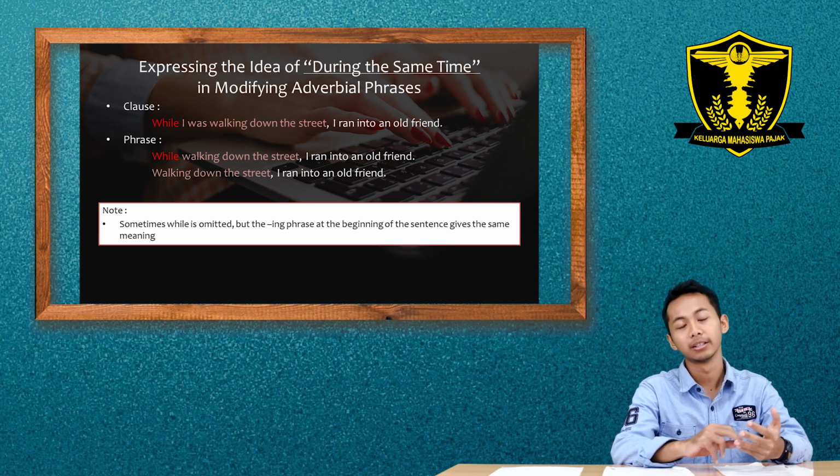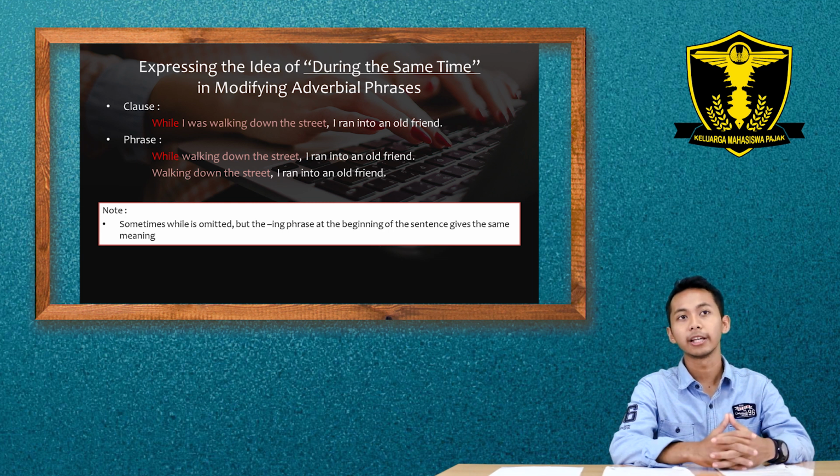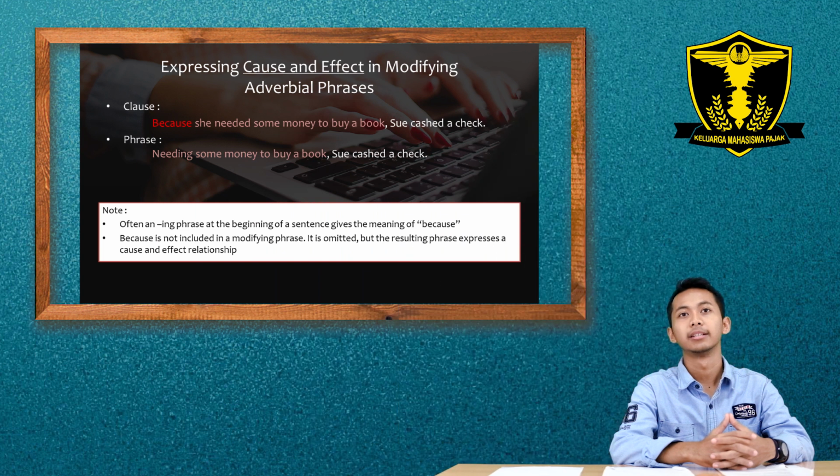So the new form is: while walking down the street, I ran into a good friend. Or we can also remove while. So it becomes: walking down the street, I ran into a good friend. The note here: sometimes while is omitted, but the phrase at the beginning of the sentence gives the same meaning.